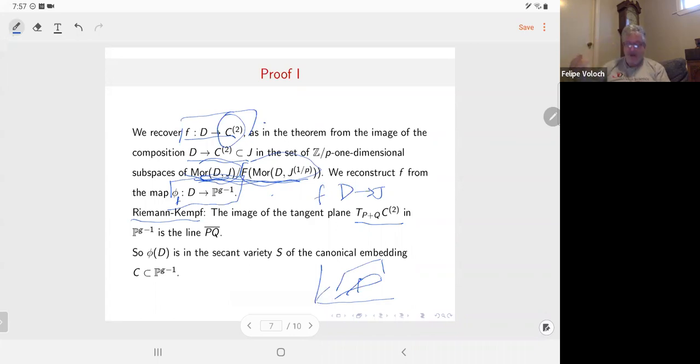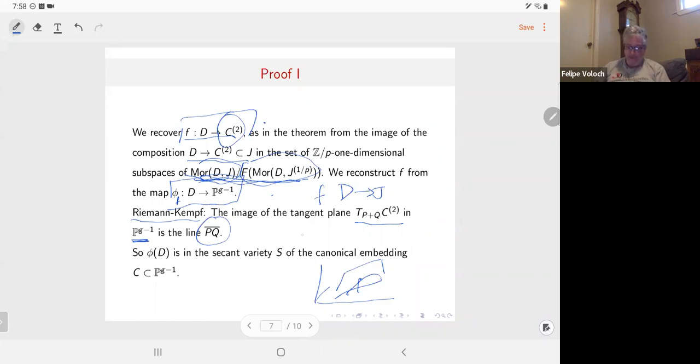Then you projectivize it. When you projectivize the tangent space at the origin of the Jacobian, you get this P^(g-1) that I'm using all the time. And what do you get when you projectivize this plane? You get a line, right? Which line? Well, there's only one line staring at you. It's the line that joins P and Q in the canonical embedding.